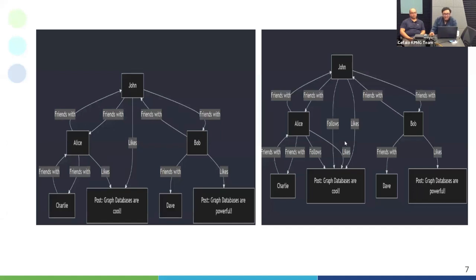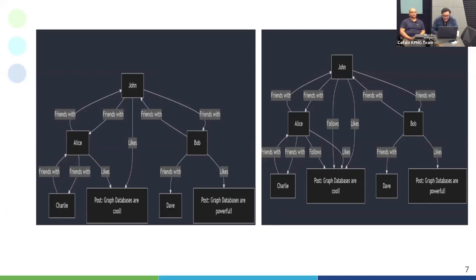Okay, let me jump through an example picture. Here you see there are a lot of nodes and edges. There are some person nodes, that is John, Alice, and Bob, and we can see how the relationship is maintained between them.